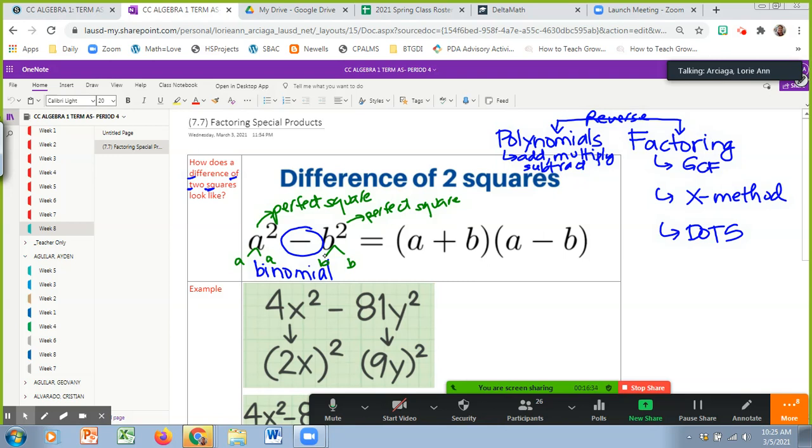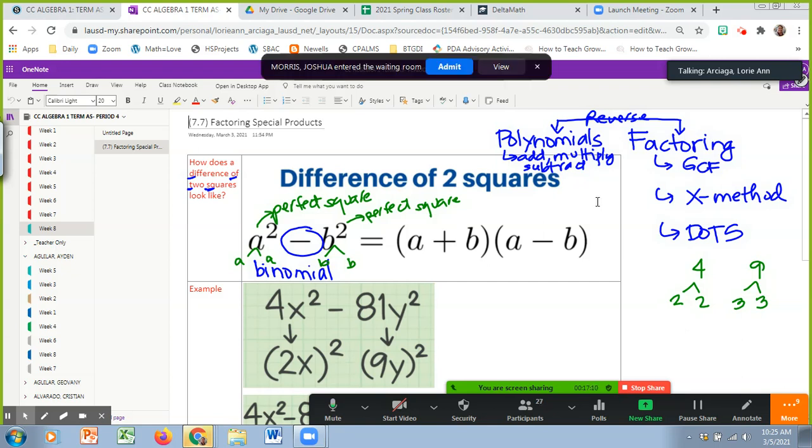In the chat pod, give me numbers that are perfect squares. Example, 4, because it's 2 times 2. What else? 9, very good, because it's 3 times 3. What else? Only 4 and 9? Come on, give me numbers that are perfect squares. Like 4, 9.